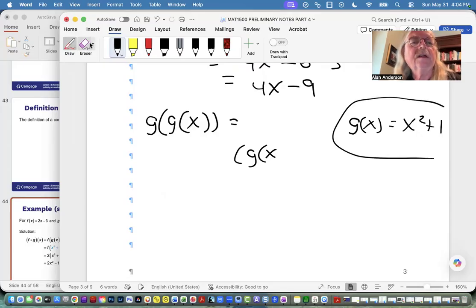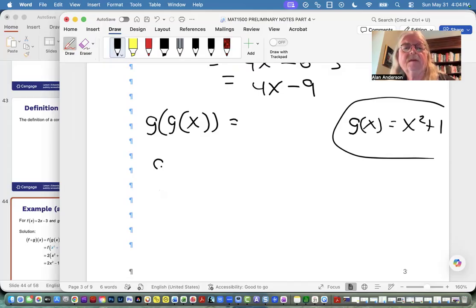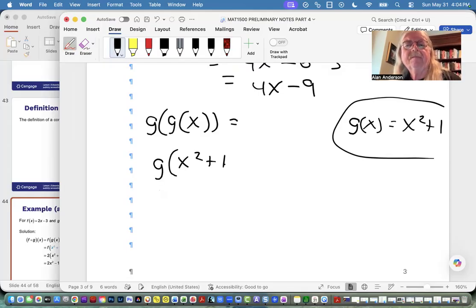So therefore, g of g of x must be g of x squared.